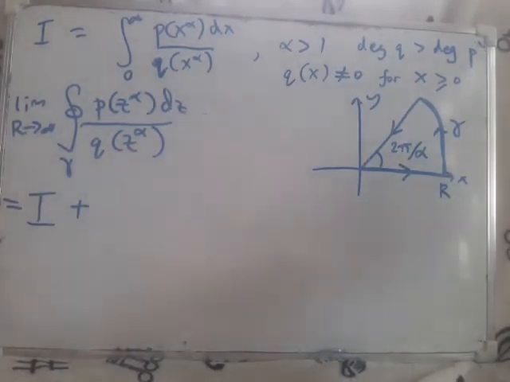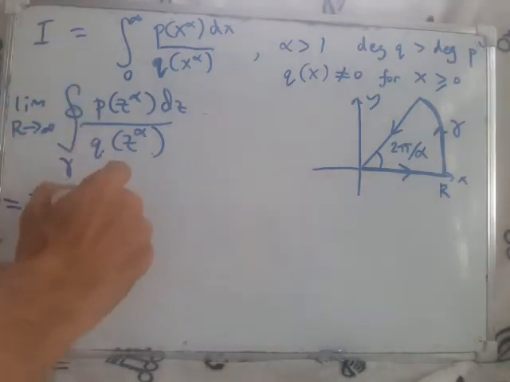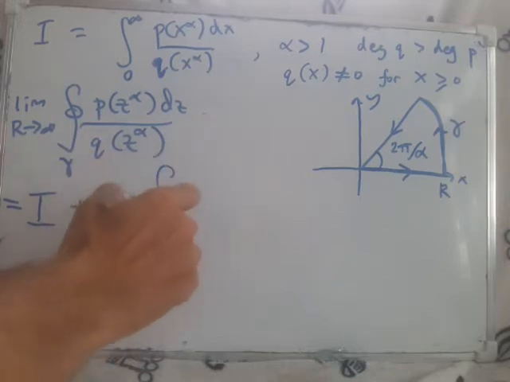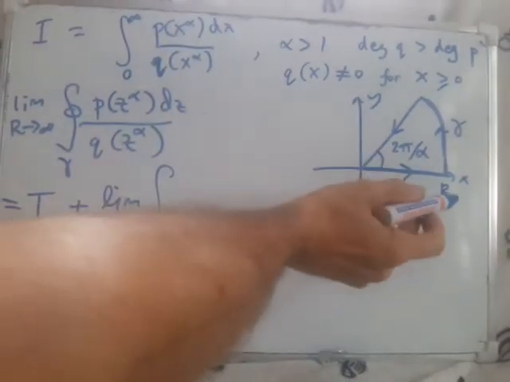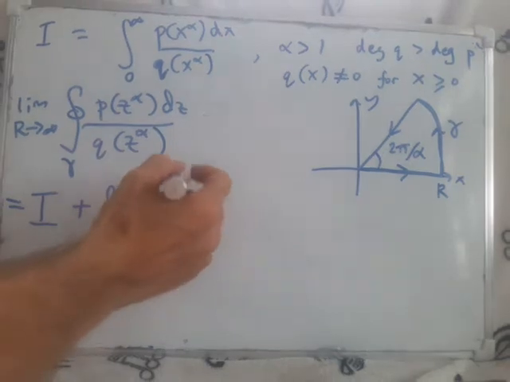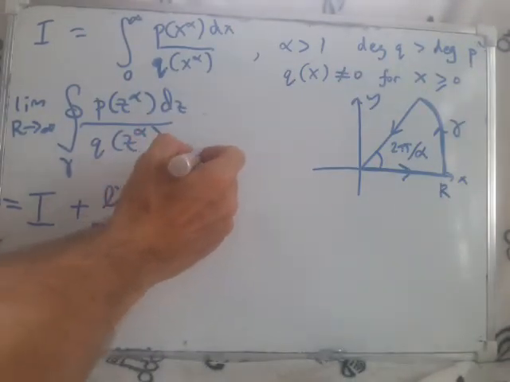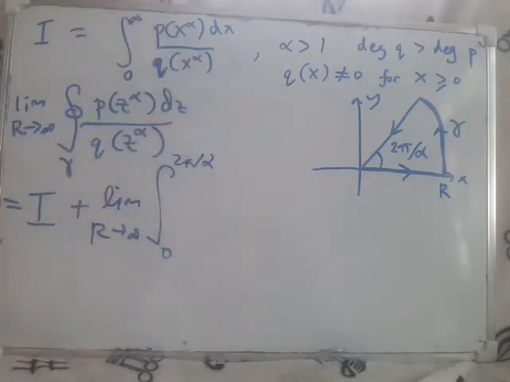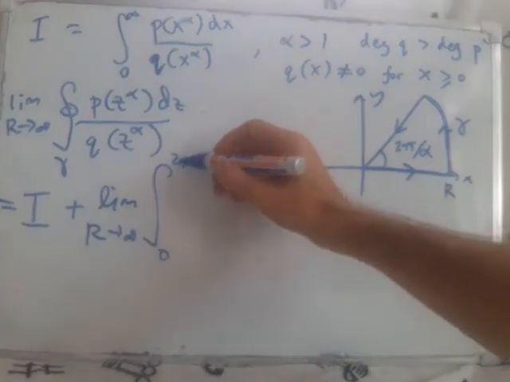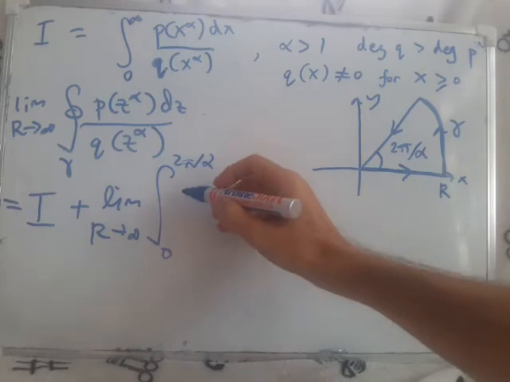The next bit is along here. So it's the limit as r goes to infinity of the integral. Now it's a d theta integral. We're changing the angle theta, so it's from theta equals 0 to 2 pi over alpha. And it's the integral of p.